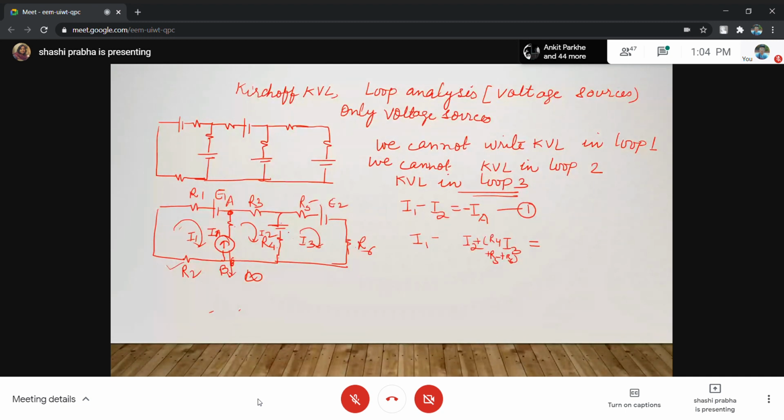Common to the third row, R31, R32 and R33. What is R31? 3 और 1 में कुछ common नहीं है, 0. What is common between 3 and 2? R4. What is R33? R4 plus R5 plus R6, equal to minus E2.